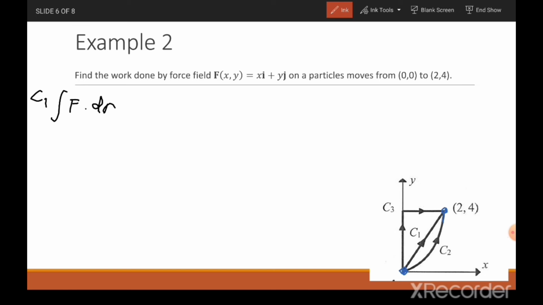The vector function is xi plus yj. From the graph we can develop the equation of this line: y equal to 2x.